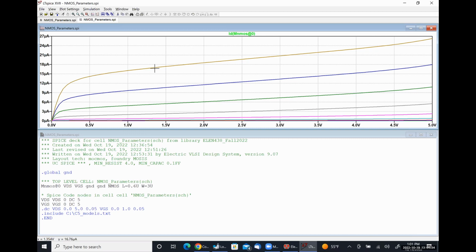So that means we need VDS to equal 250 millivolts as well when we're looking at the edge of saturation, right? Because VDS needs to be equal to VGS minus VTH. So at 250 millivolts, let me see if I can click on here.